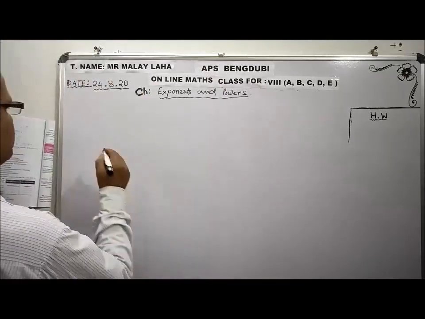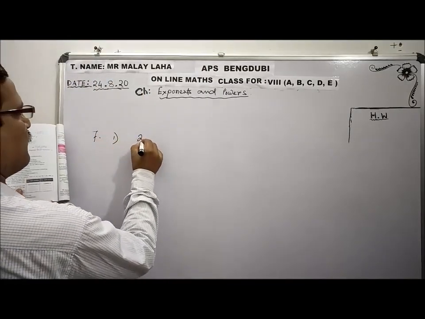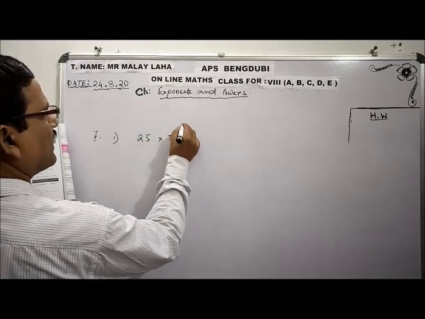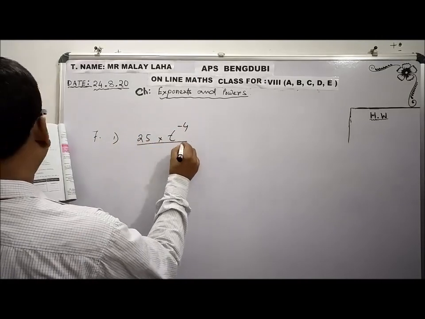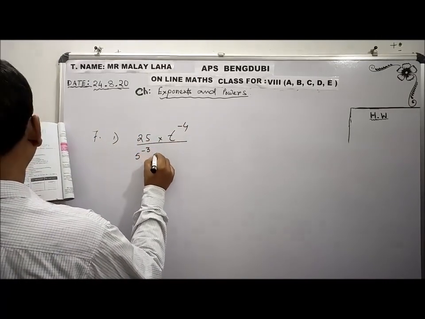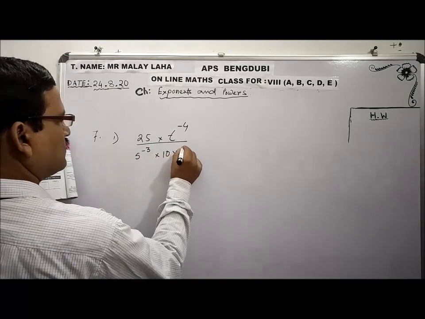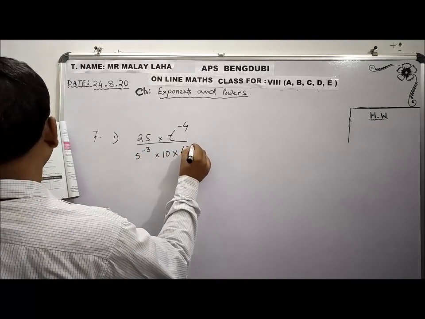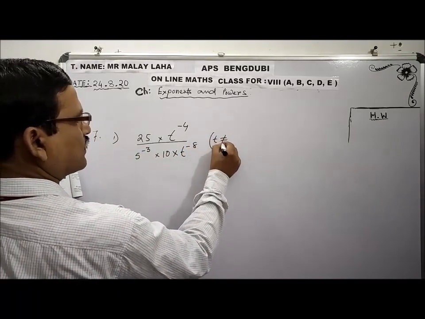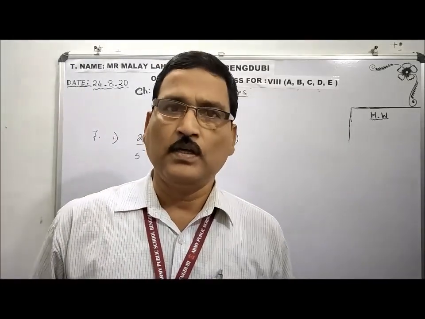Okay, let's see. Question number 7, part 1: 25 into t raised to minus 4, by 5 raised to minus 3 into 10 into t raised to minus 8, where t is not equal to 0. You have to consider that t is more than 0.